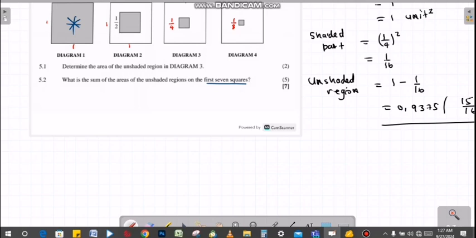Okay, so I think in this case the first thing that we can do is to calculate the area of the shaded part, the sum of the shaded part. How many are they? There are 6. Don't forget, we're starting from diagram 2 until diagram what? Diagram 7. Okay, so now 5.2.